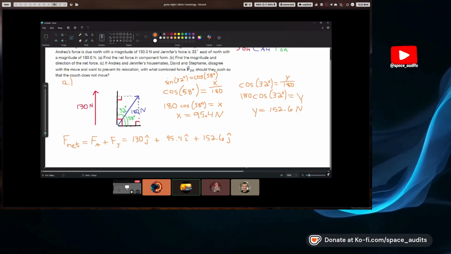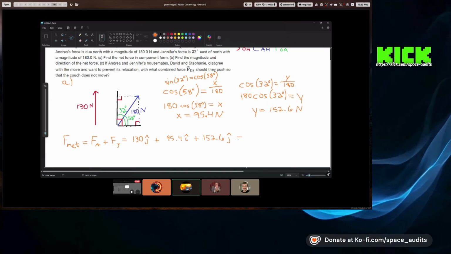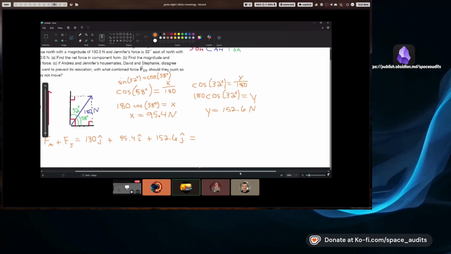So we've got common units here. We've got two j's, 130 j and 152 j, so we can combine those into a total j.